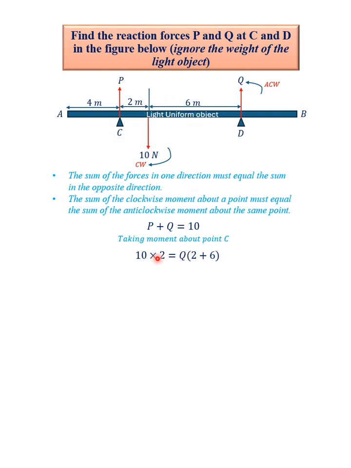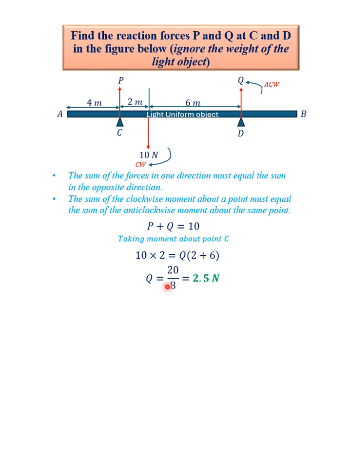So we have 10 times 2 equals Q times 2 plus 6. To obtain Q, we divide both sides by 8 because 6 plus 2 is 8. So Q equals 10 times 2, which is 20, divided by 8. And that gives us 2.5 Newton. So the reaction force Q is 2.5 Newton.